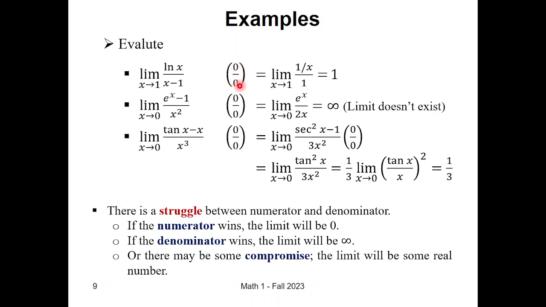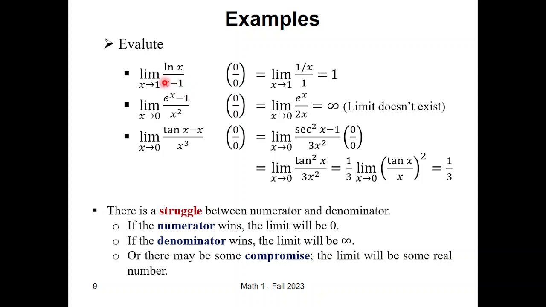If this function approaches 0 faster than this function, the whole limit will be 0. Because you can imagine that this function approaches 0 now, and this is still some constant. So it is 0 over some constant, and the result will be 0. But if this function is the one that approaches 0 first, then the result will be infinity, because it will be some constant over 0.